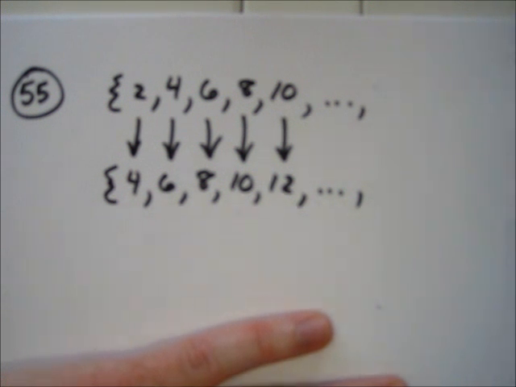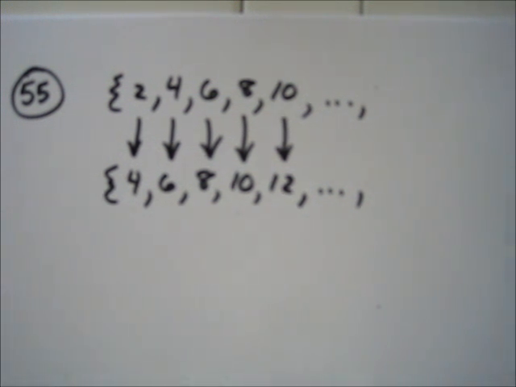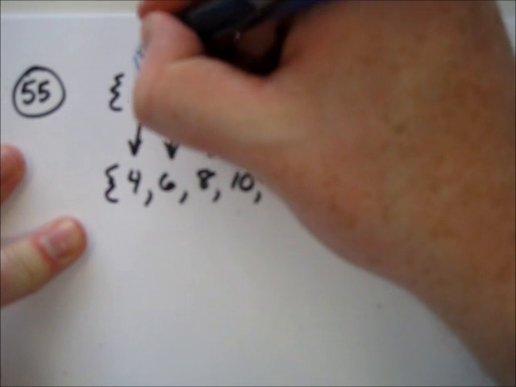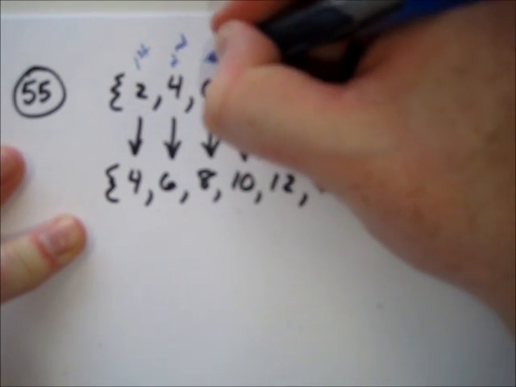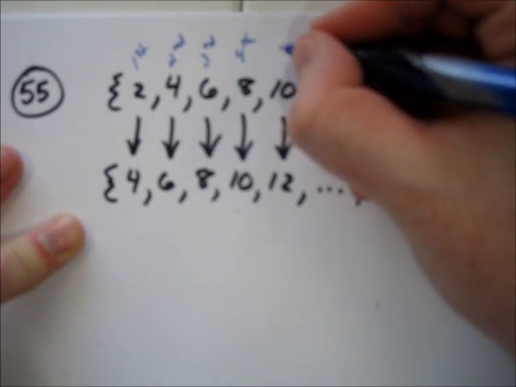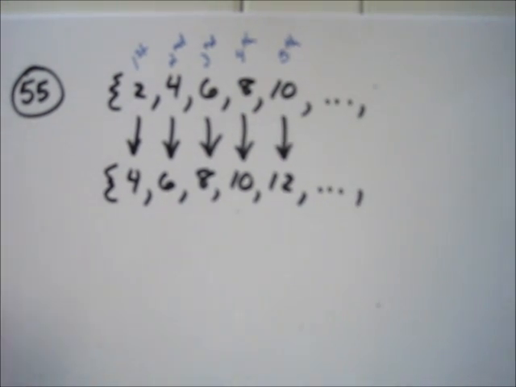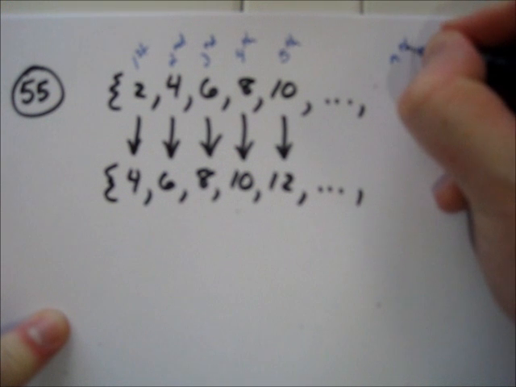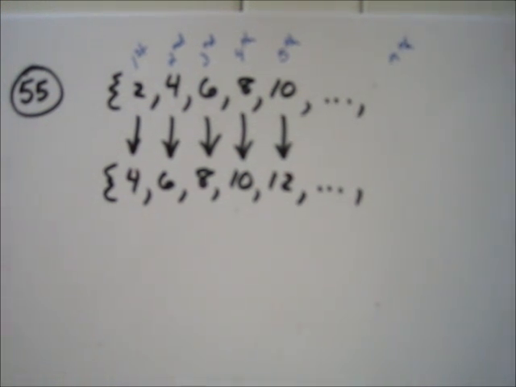So if we think of this as the 2 is the first element, the 4 is the second, the 6 is the third, the 8 is the fourth, and the 10 is the fifth term, how do I get the nth term?